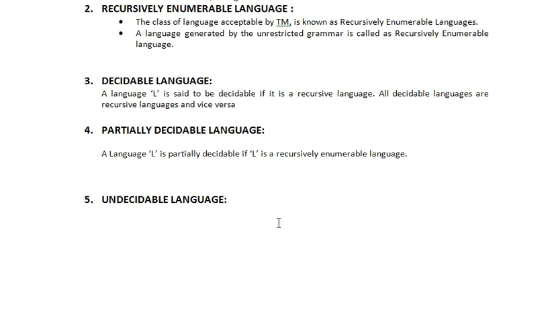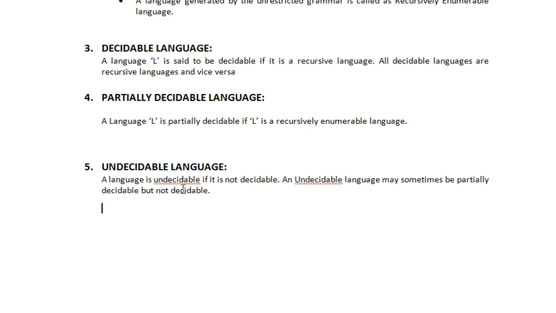But if it is decidable, then it cannot be undecidable. That means not able to get a solution for that, not solvable, you can say. So what statement can I note down? A language is undecidable if it is not decidable. That's the main point. And an undecidable language may sometimes be partially decidable, which I have already told you, but cannot be decidable. That means not solvable.